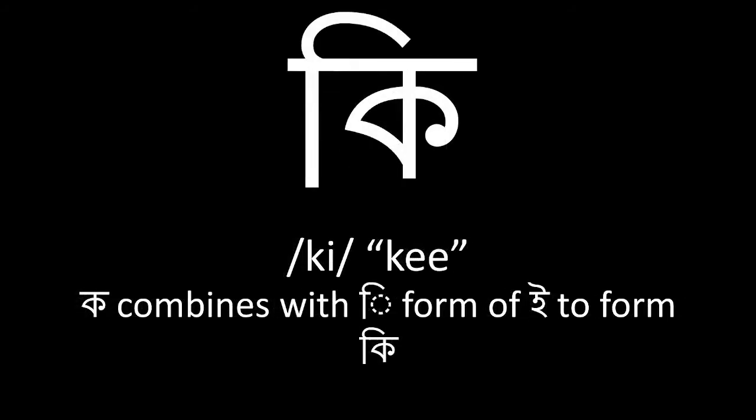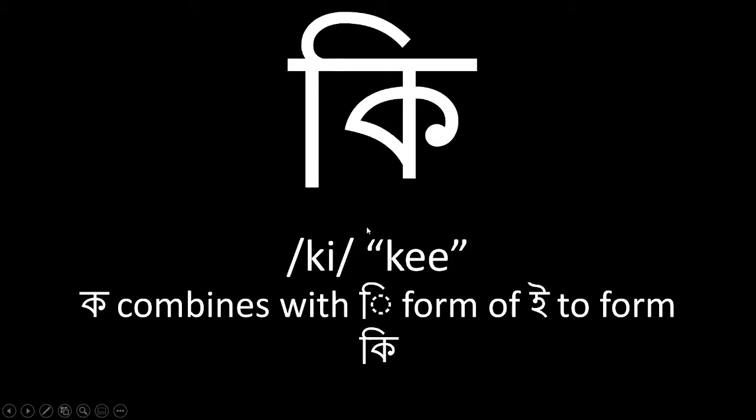In this combined form, we have the letter ko with the reduced form of the vowel i. There are two vowels that make the i sound, and they make the same sound, but they are from a previous spelling time in Bengali when they made different sounds.